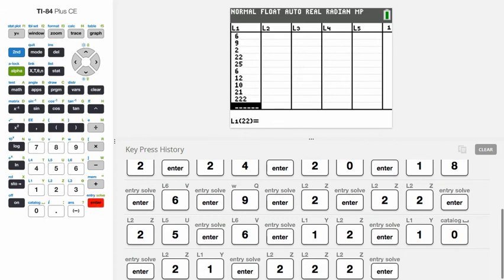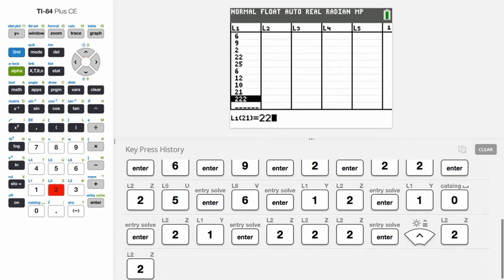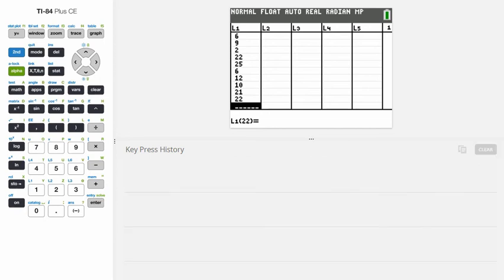I've made a mistake with my last number, so I arrow up, retype it, and press enter. Now that we've typed in our data, we're ready to find our 5-number summary.